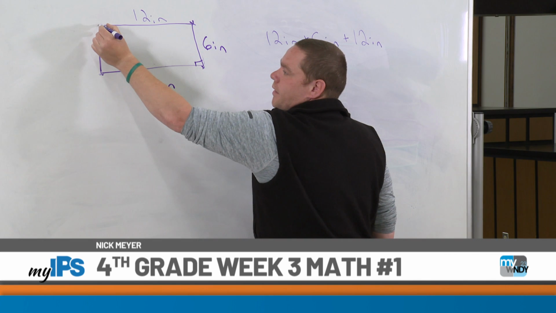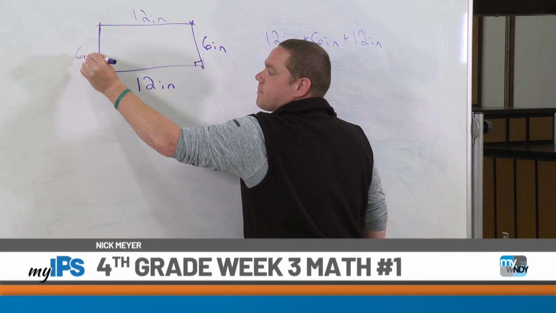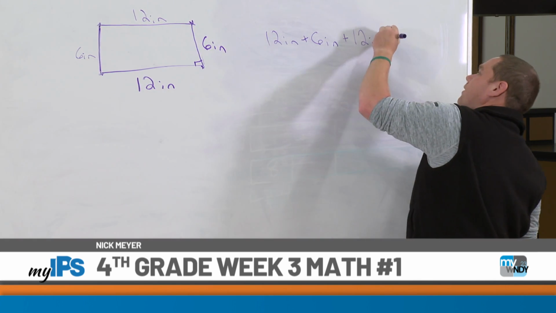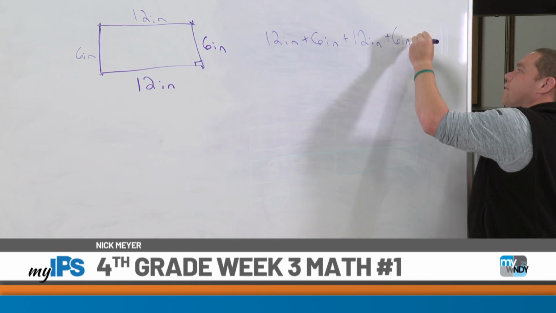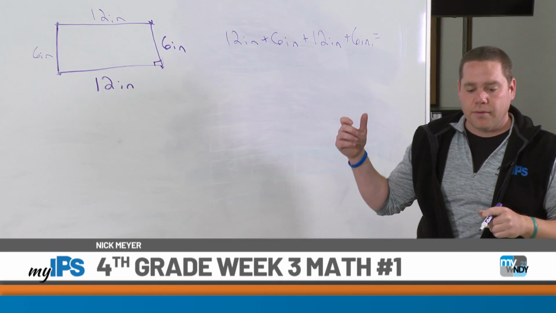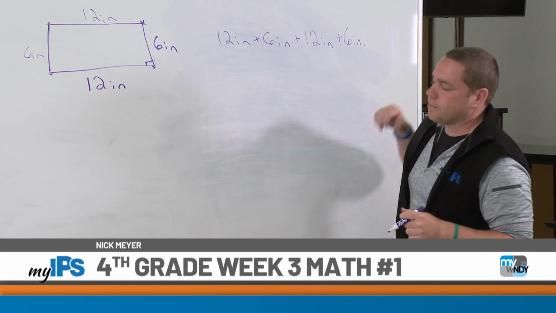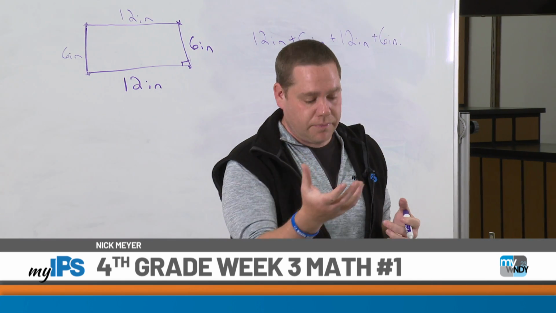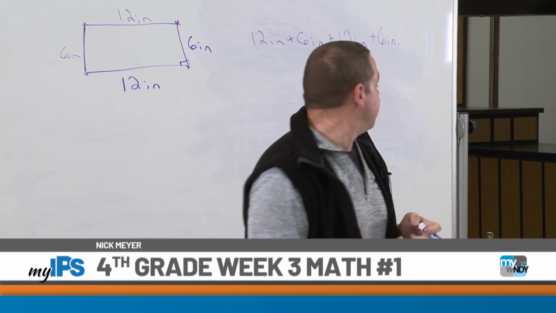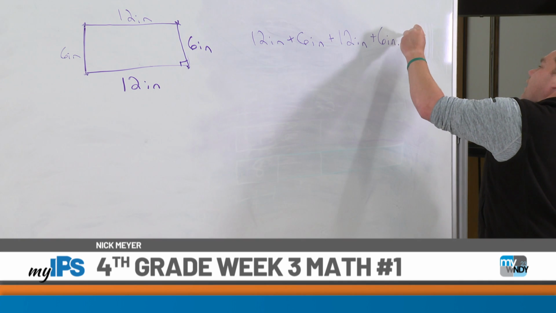And then from there to there, another 6 inches. I could add up all of those, that would give me the perimeter. But in this case, we're just writing expressions, meaning we're not worried about what it's equal to, even though it gives you an equal sign in your example. No, it did say equation, so I'm not going to answer it for you.